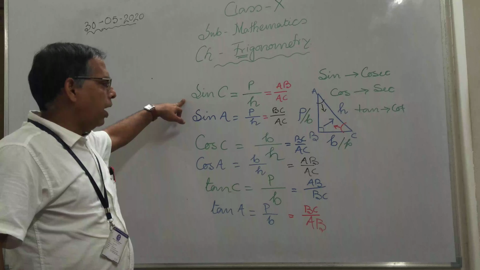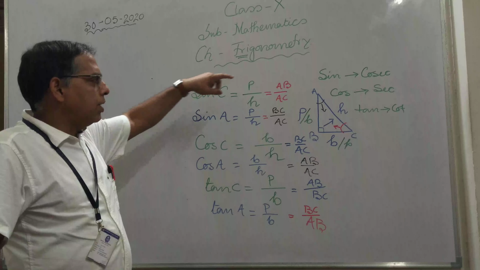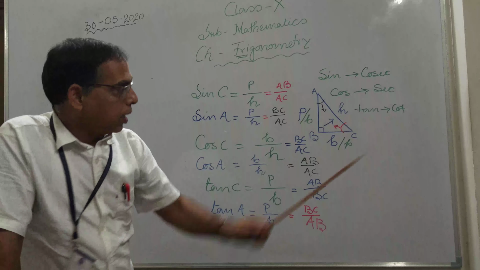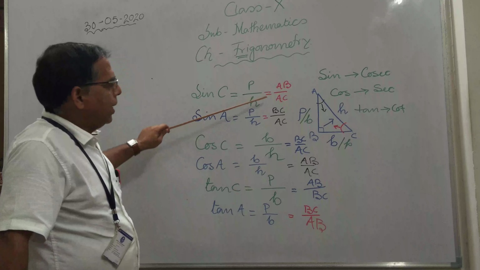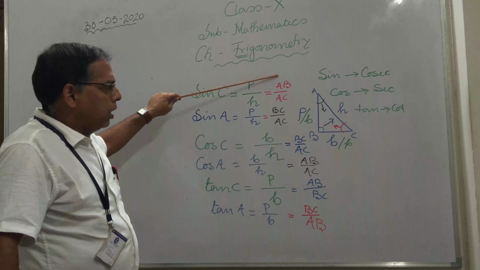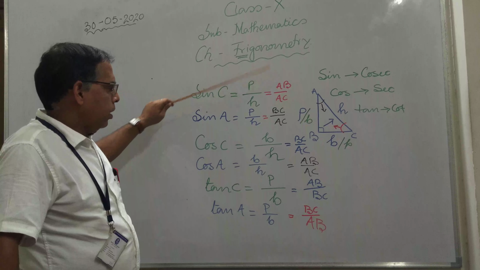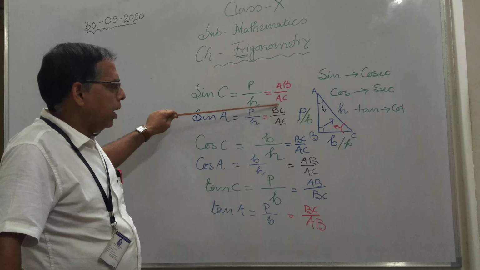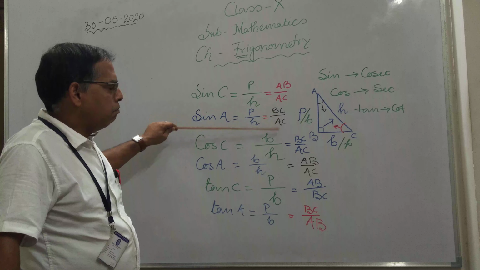So see, this is sine. I have taken sin C. If we take cosec C, it will be AC by AB. If we take cosec A, then it will be AC by BC.